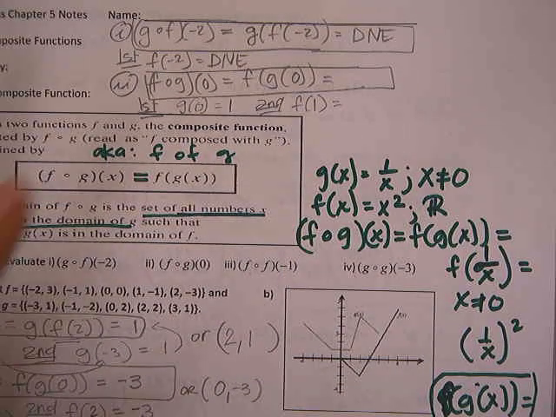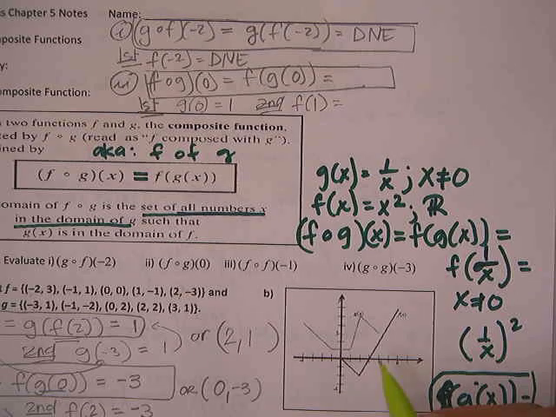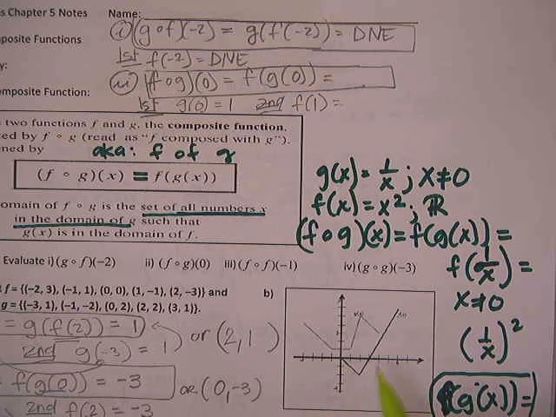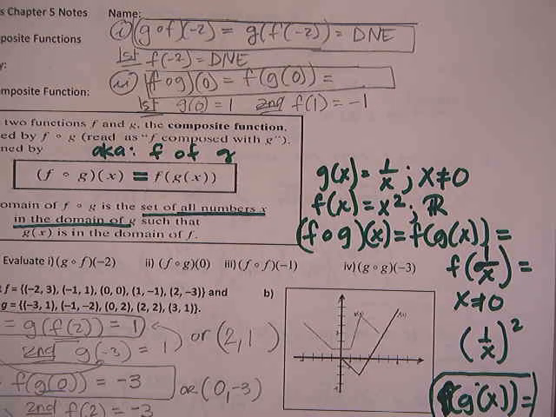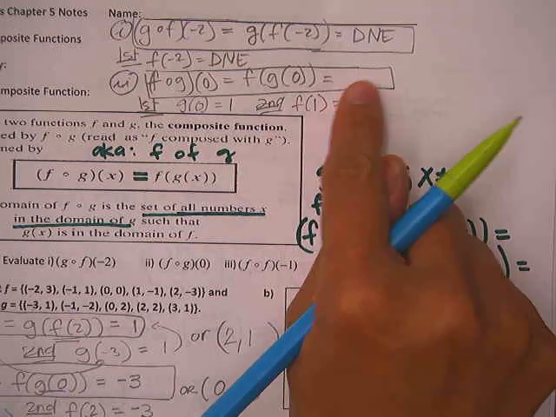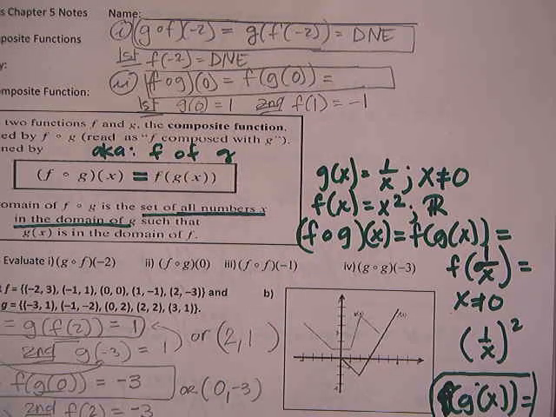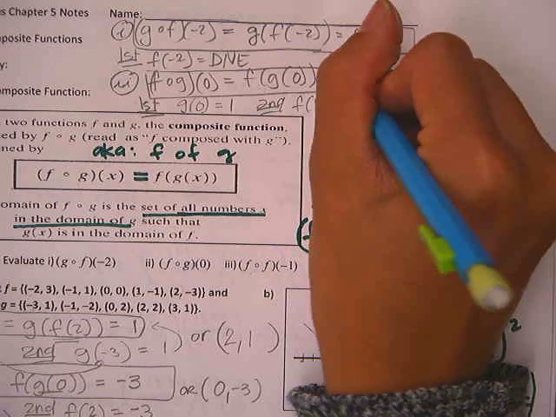So now we need to focus on f. So f is this darker function. When the input is 1, the output looks like it's about -1. So what do you think I need to write in my final answer? The final answer is -1.